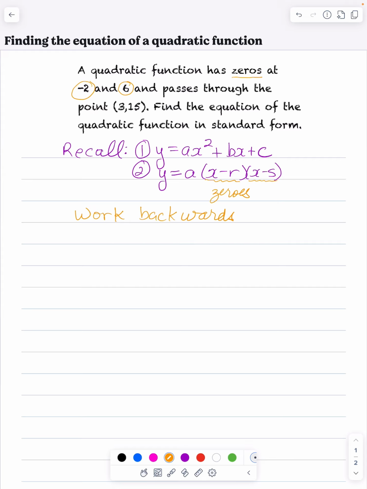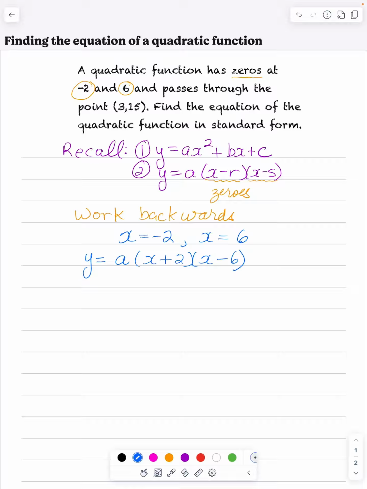Our two zeros are x equals -2 and x equals 6. Working backwards, we're going to write y equals a times (x plus 2), remember it's always the opposite, times (x minus 6).